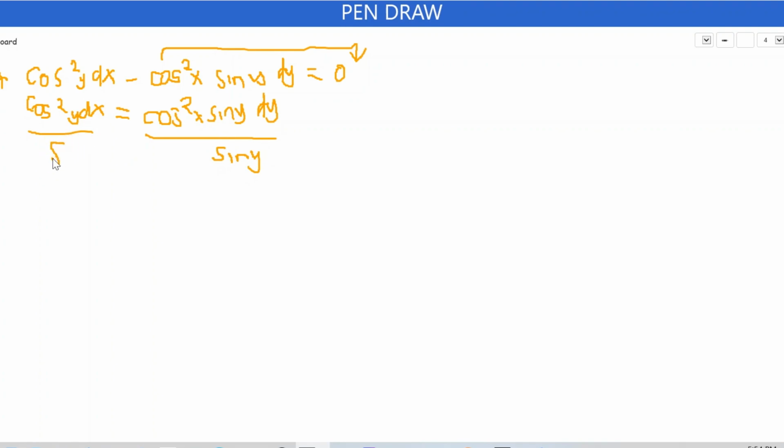The sin y leaves dy on the right-hand side and goes to its brother cos squared y. This and this will cancel, then we'll have cos squared y divided by sin y dx is equal to cos squared x dy.